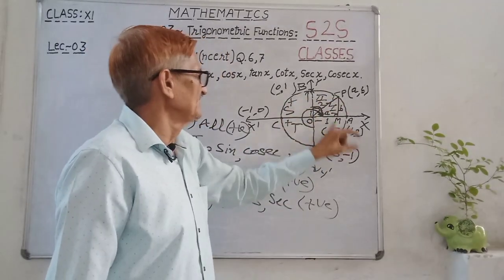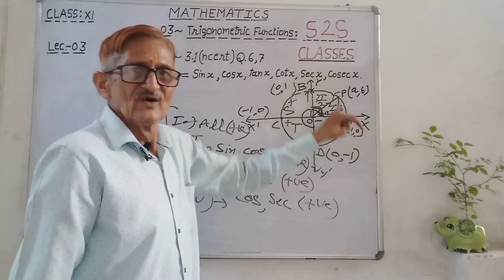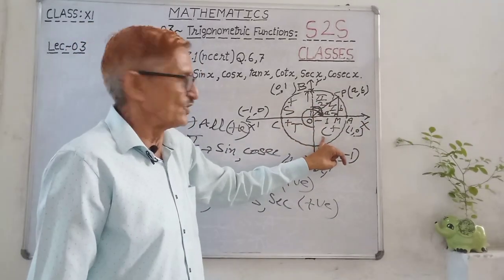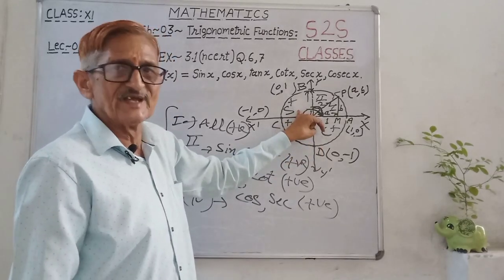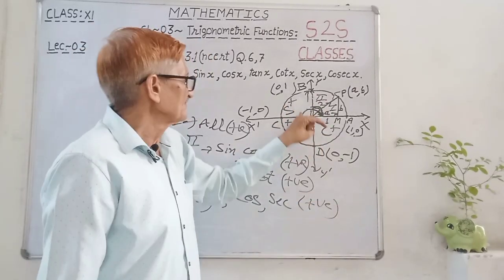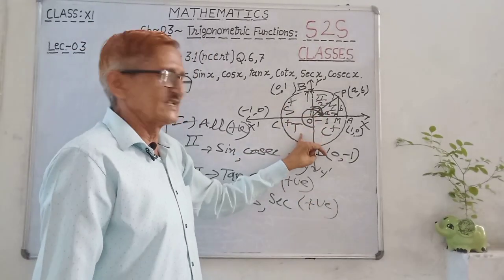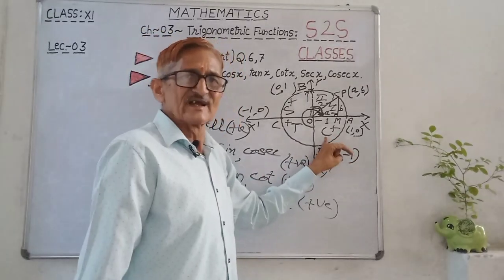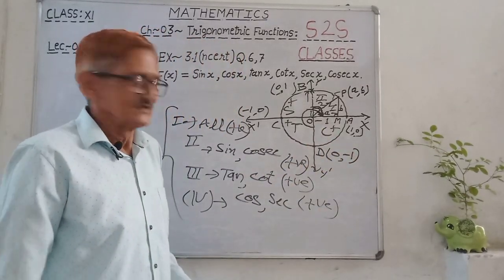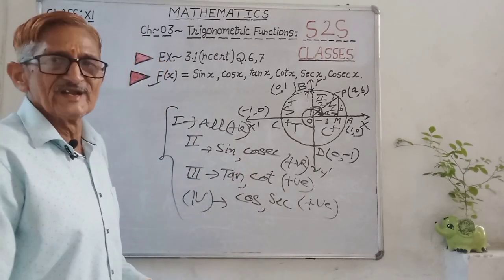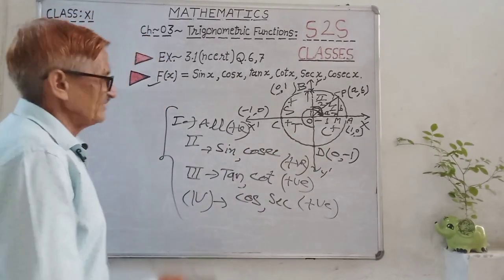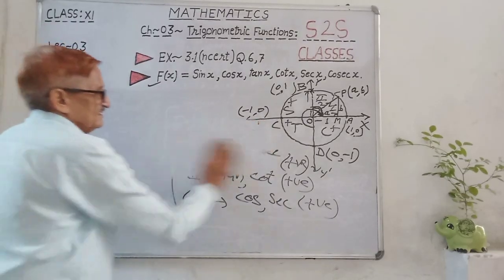A means all positive, S sine positive, T tan positive, C cos positive, and the reciprocals: cosec of sine, cot of tan, and sec of cos are positive there. So you can remember positive and negative like this.